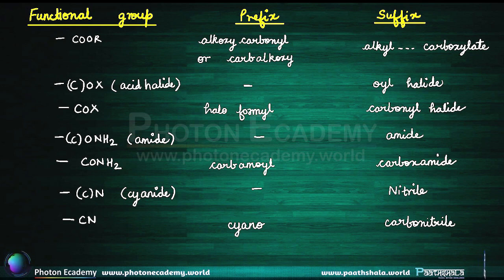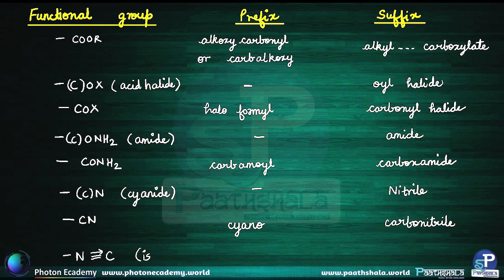Moving on, if we have N connected with the carbon like this, it is isocyanide, of course, and here no prefix, and we use the suffix isonitrile.